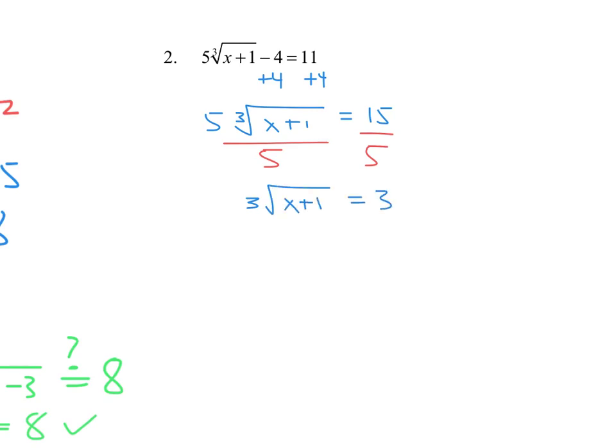And now to cancel a cube root, we're going to raise both sides to the third power. So the cube root and the third power cancel out. We get x plus 1 equals 27. Subtract 1 from both sides, and x equals 26. And we'll check our answer again to be safe.